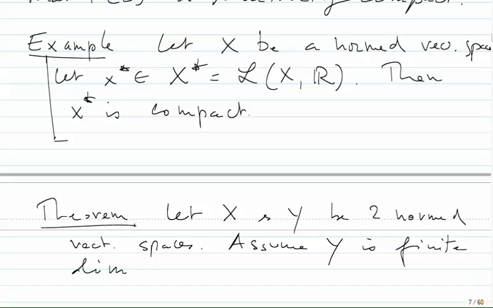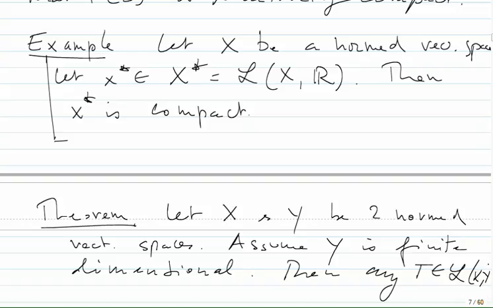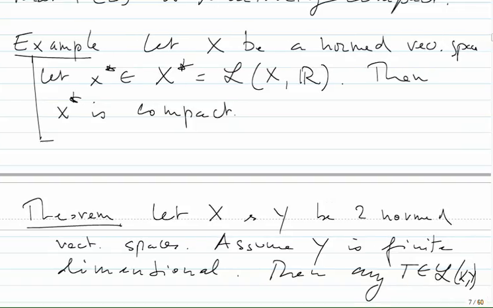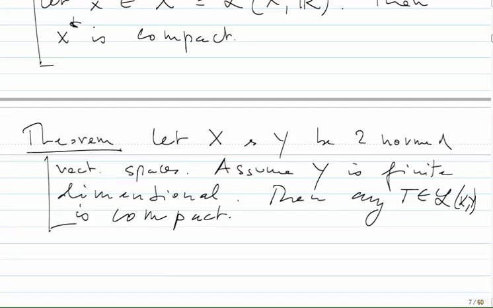So this is like Rn. Then any T in L of X, Y is compact. So you see, this extends this example, okay, because R is one-dimensional. But if you take any finite dimensional normed vector space, you get that linear operators are in fact compact operators, okay? And the same comment as we said in the case of the dual space applies here, so it's the same.